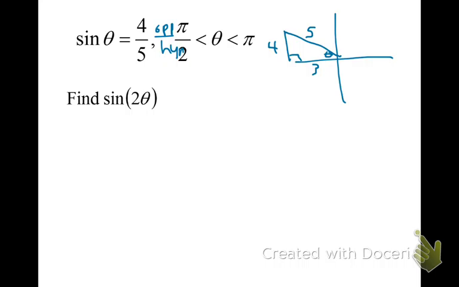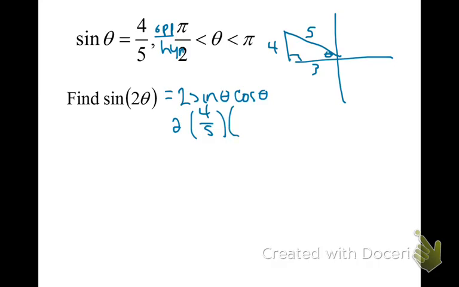Okay. So now we're going to find sine of 2 theta. So let's write down that formula. Sine of 2 theta is 2 times sine theta, cosine theta. So 2 times sine theta, they gave us this 4/5.